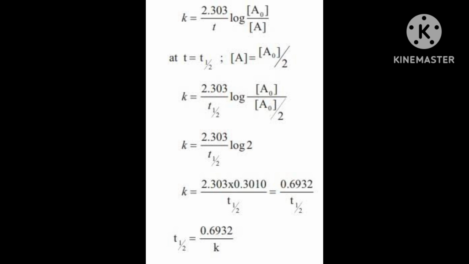Then I am telling you an example, this reaction you also always remember, that is the hydrolysis of ethyl acetate, means CH3COOC2H5 plus H2O.